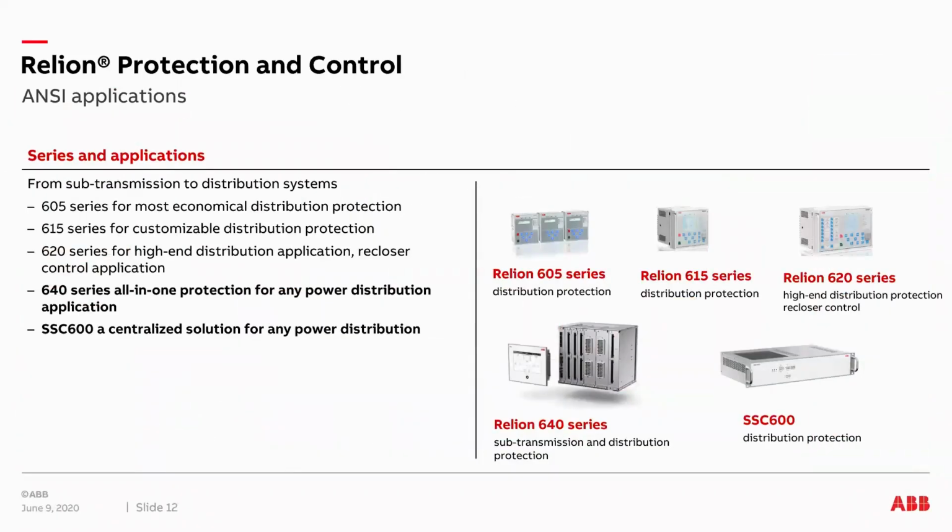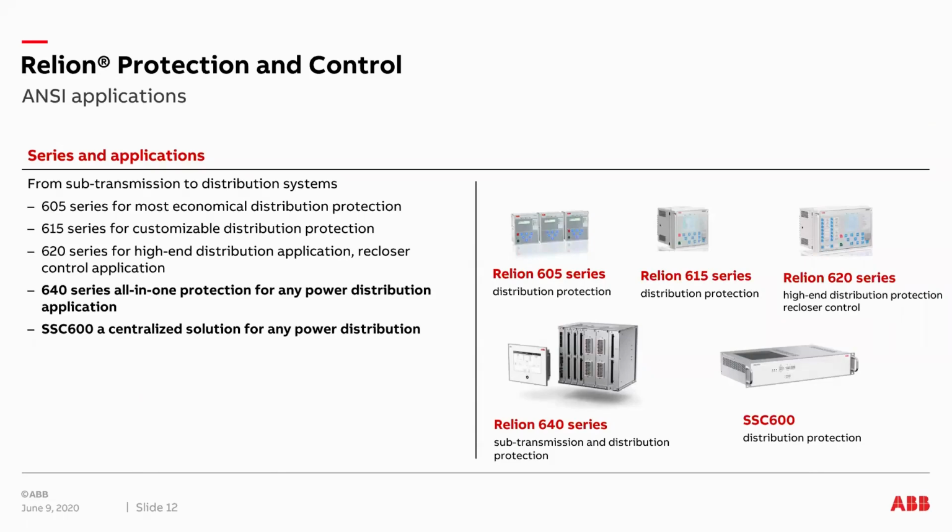Okay, now getting into the finer details of the product itself. What goes into the digital switchgear, or this is beyond that. This is an overall view of the different IEDs which are used. In Relion Protection and Control, that is ABB's protection and control platform, which is used globally, we have different series of products.